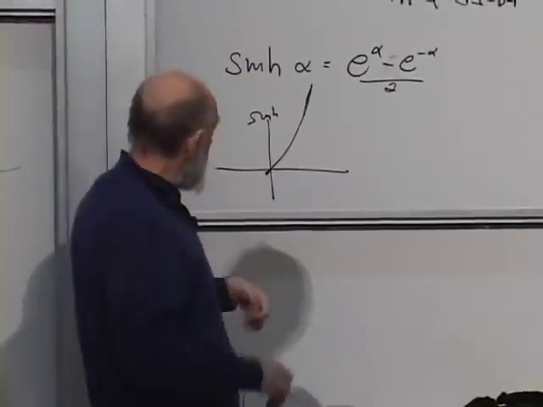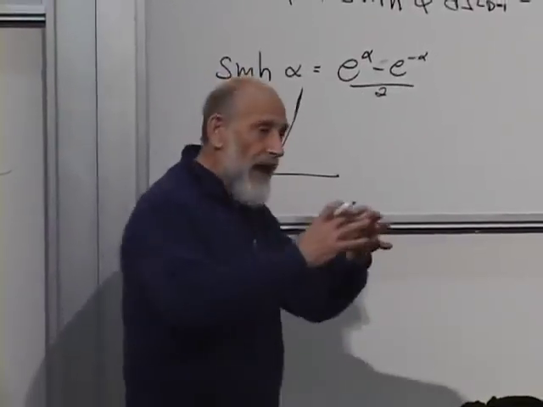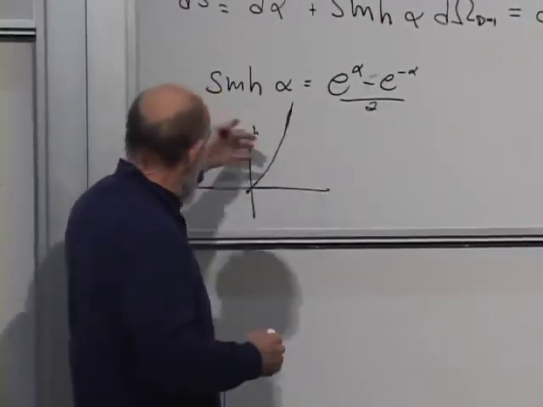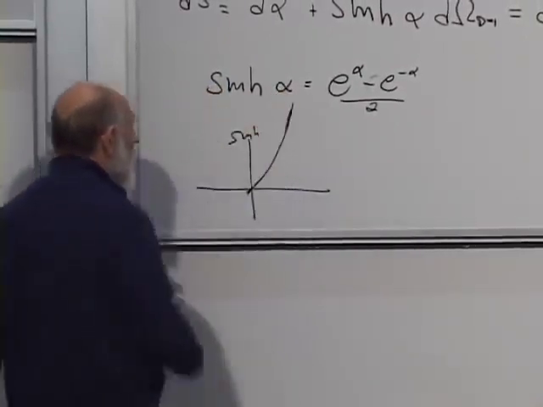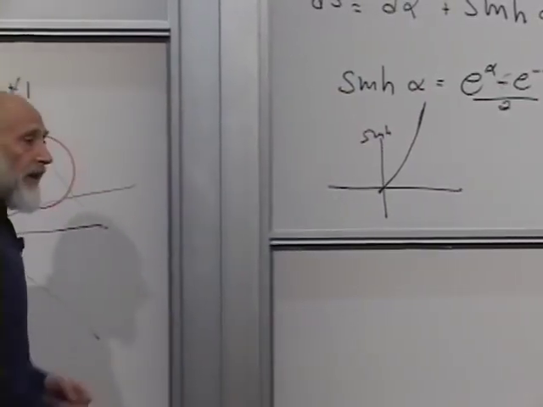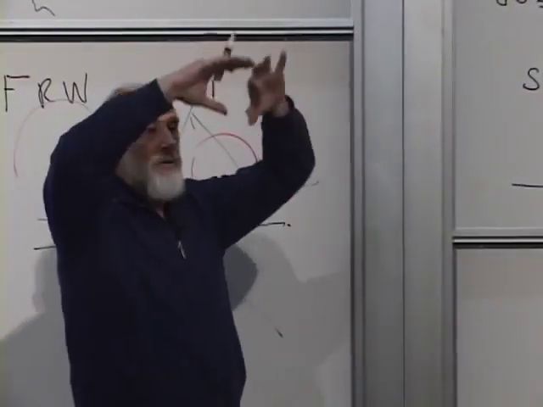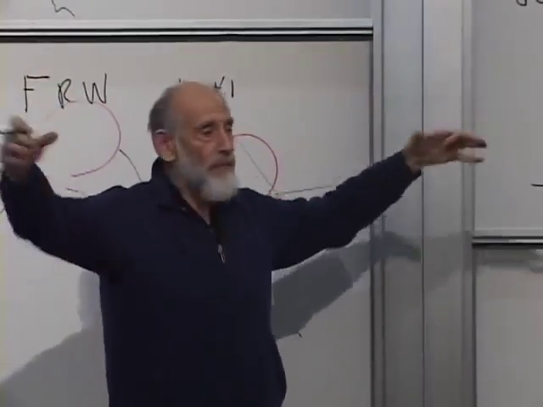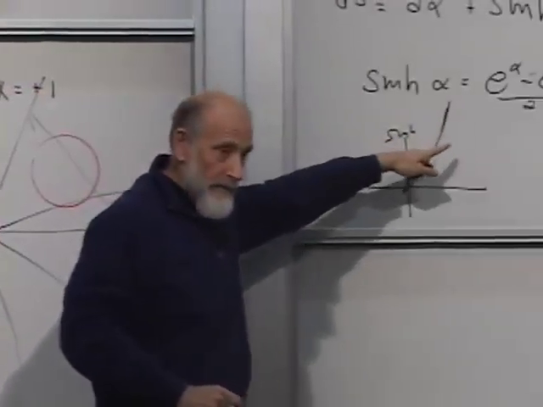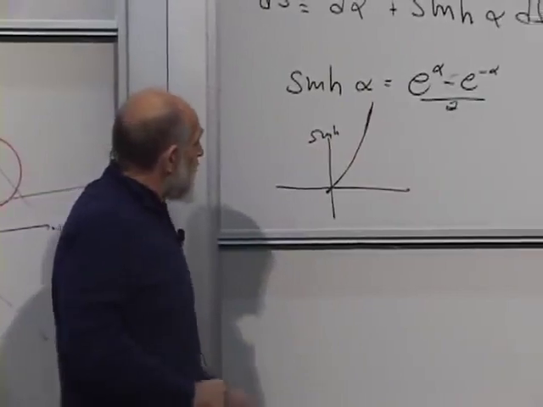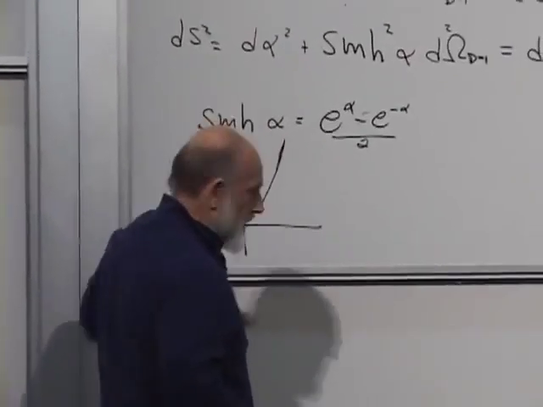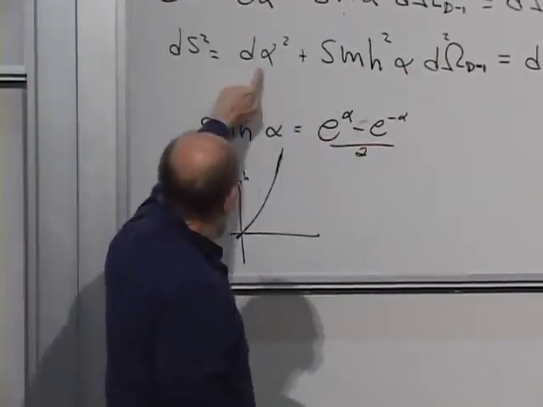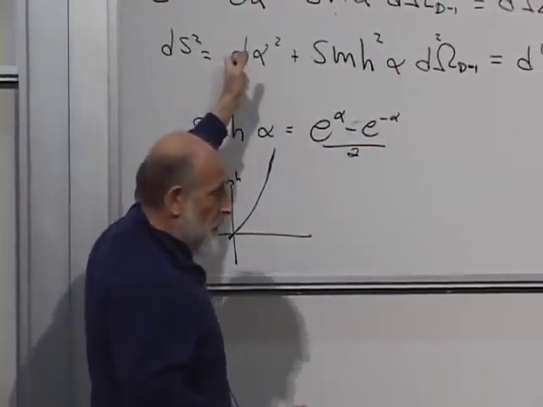Here, as you move away from the origin, we'll put us at the center, us at alpha equals 0. As we move away, the size of the spheres around us get bigger and bigger and bigger very rapidly. So think of ourselves at the center. If we want to know the distance to a point radially outward, that's mainly just d alpha squared. That's d alpha.